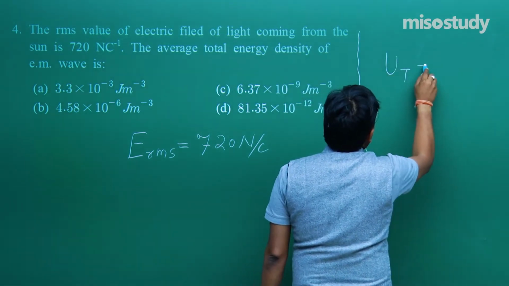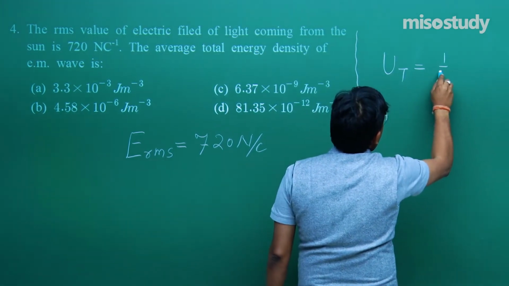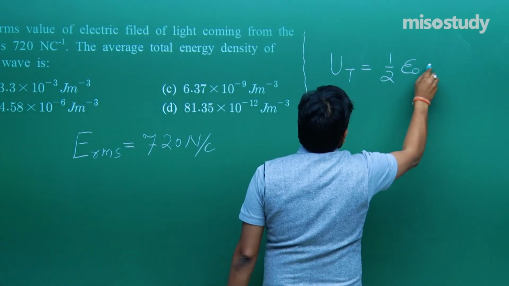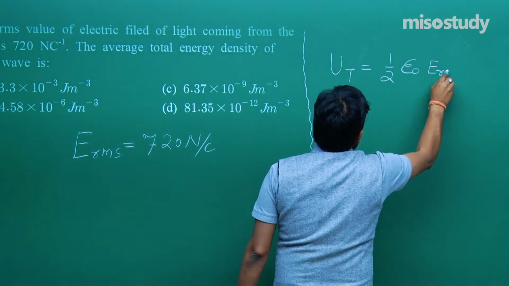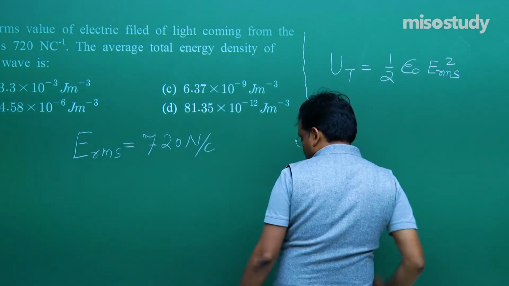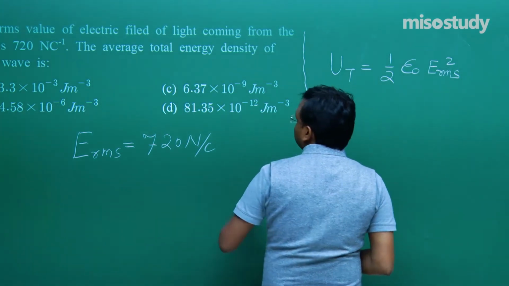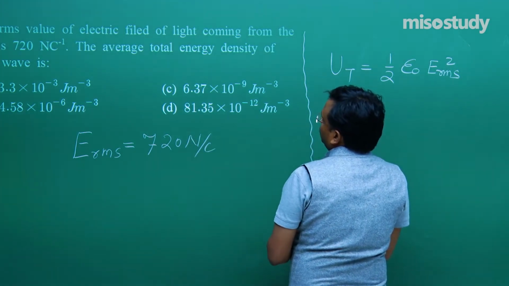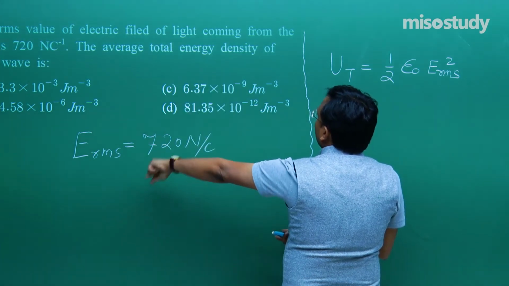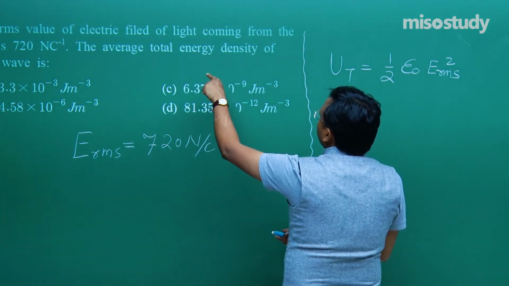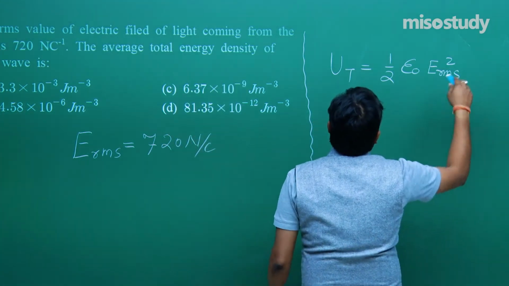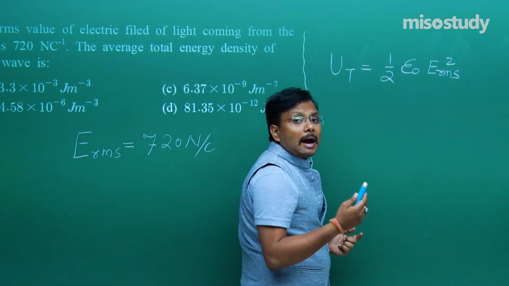UT, that is total energy density, is half epsilon naught E RMS square. This is the formula which you are supposed to use, fine. Imagine one more situation. Electric field coming out, so average energy density means whatever is the reflection, that you also have to consider.